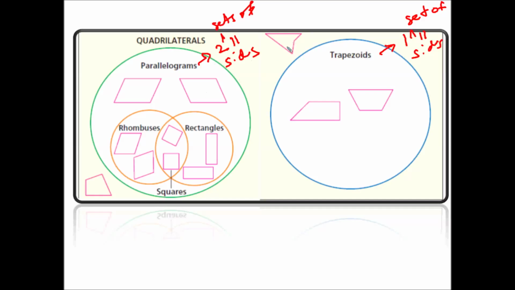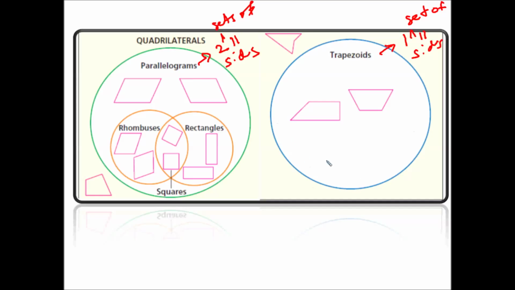Okay, so out here you see these just random wonky quadrilaterals. They have four sides, so they're quadrilaterals, but they don't have a special name as far as what we've gone over in class.